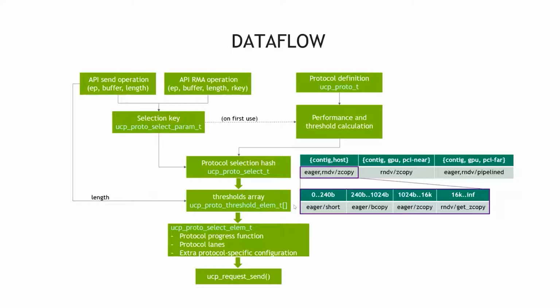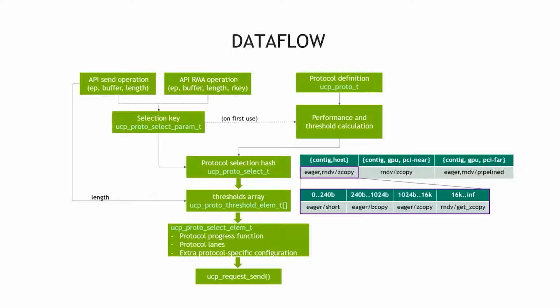Actually, what happens is that the protocol would register the memory the first time its progress function is called. It would be more efficient than having a separate callback for initialization. So once we start, for example, the CUDA IPC protocol, it would try and register the memory, but only according to what it really needs.